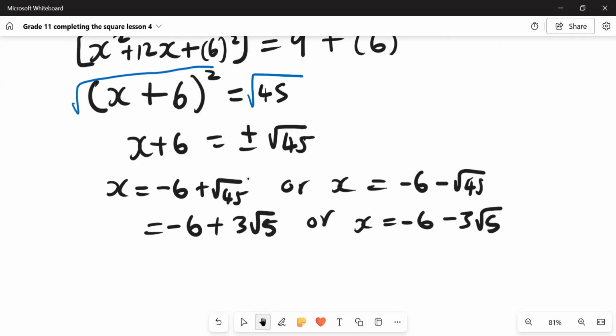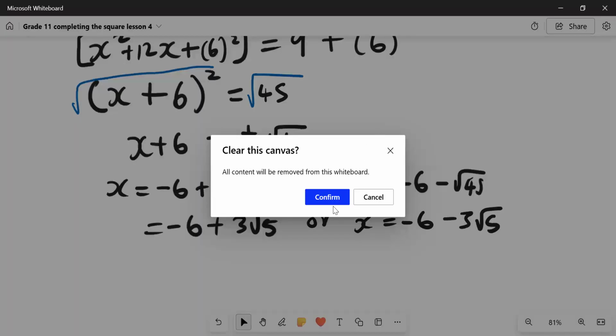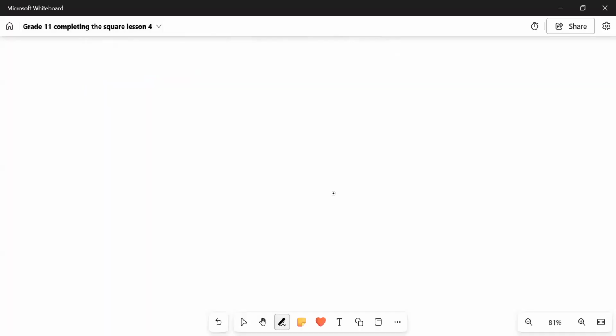So for example 2, we are still solving for x to 1 decimal place, and then we are given an equation there. Our equation for example 2, you have your 3x squared minus your 15x minus 21 equals to 0.